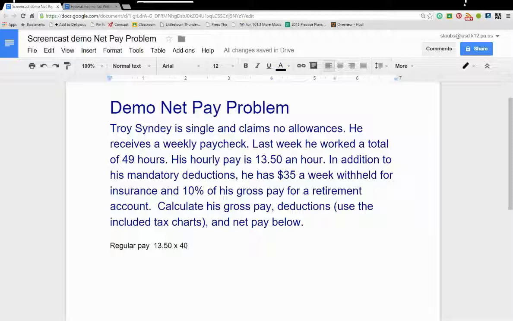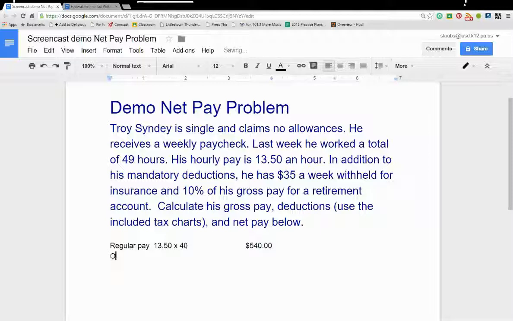The law states anything over 40 hours is considered overtime. We're just calculating his regular pay here. So the most an hourly employee can go a week is 40 hours at a regular rate. So I tab over, and $13.50 times 40 is $540.